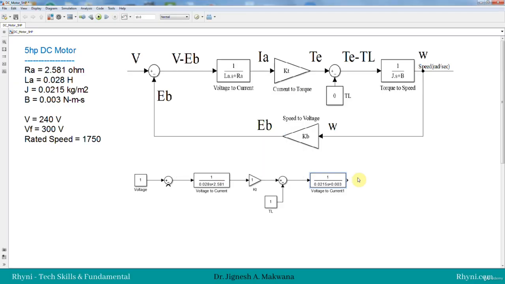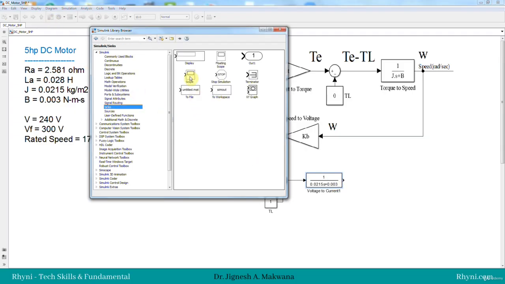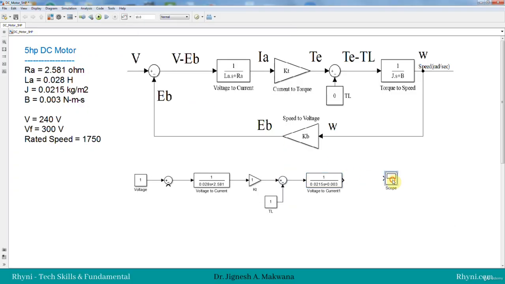You know about the 3 frictions: static friction, viscous friction and Coulomb friction, right? So we have considered only the viscous friction, and we will use the scope for monitoring. So first I will use the scope and connect it, right?